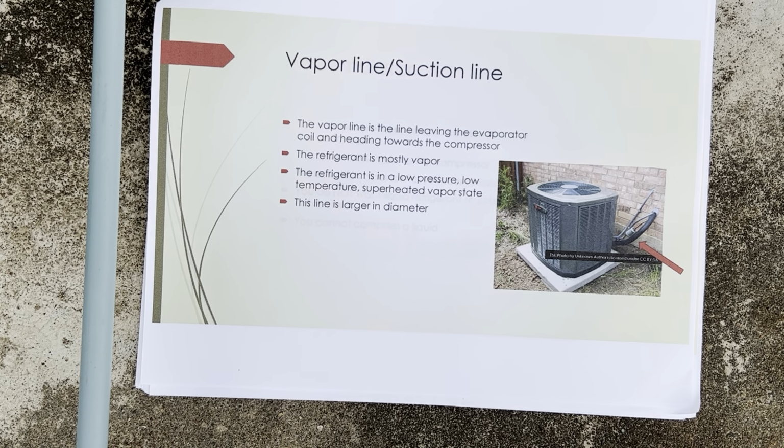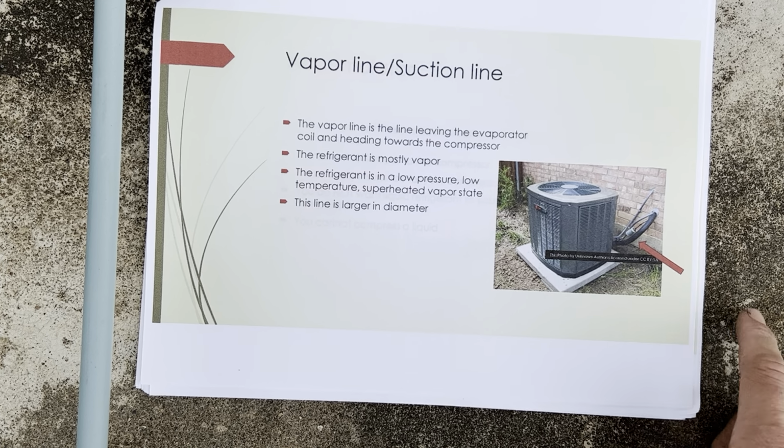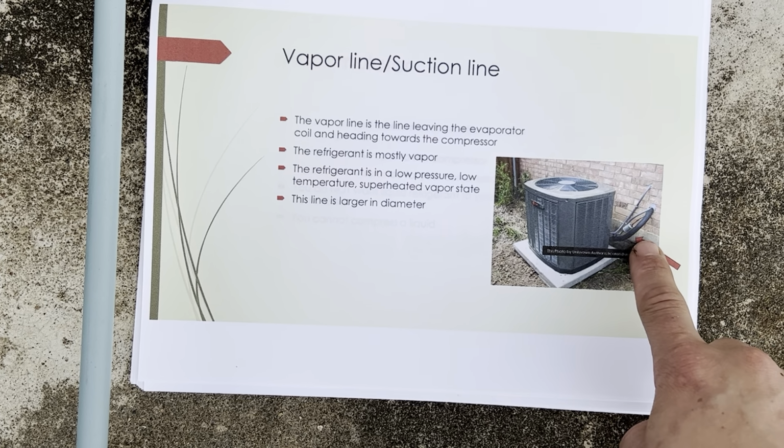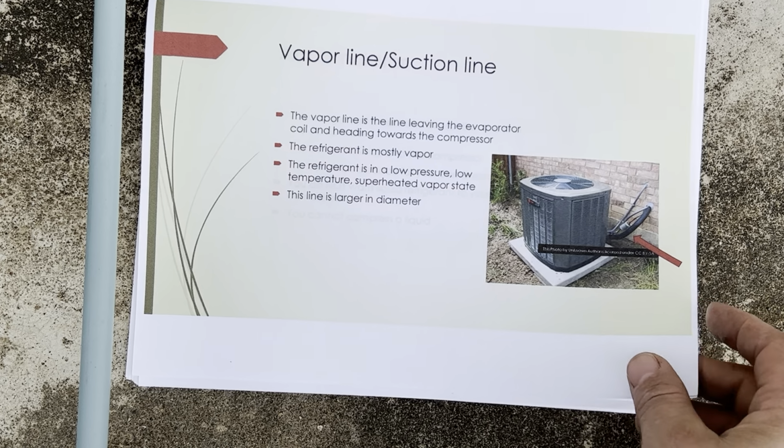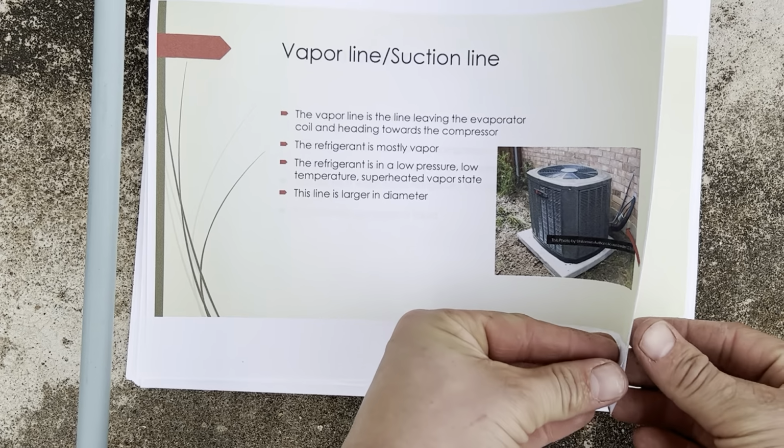The refrigerant state is low pressure, low temperature, and because we superheated it at the evaporator, it's a superheated vapor. This is going to be your line that's larger in diameter, and most of the time, and it should be, it's going to be the insulated line. You're going to see the arrow pointing right there to that insulated line. That's going to be your vapor line or suction line.